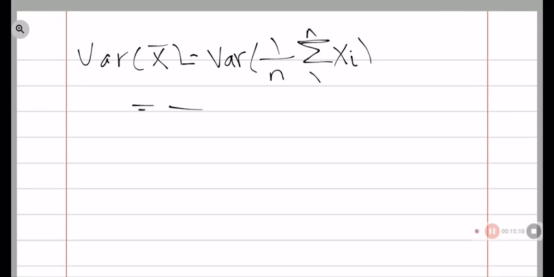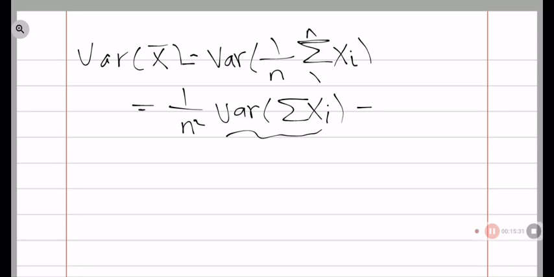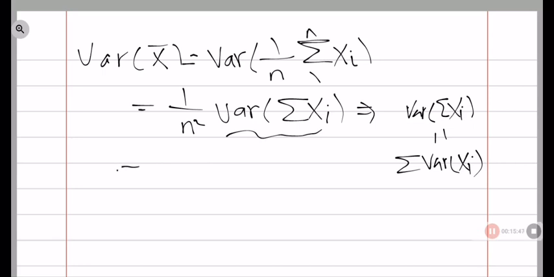So we can say 1 over n squared times the variance of the sum of xi, and we know that the variance of the sum of xi is equal to the sum of the variances of xi. So we've got 1 over n squared times the sum of the variances of xi from 1 to n.